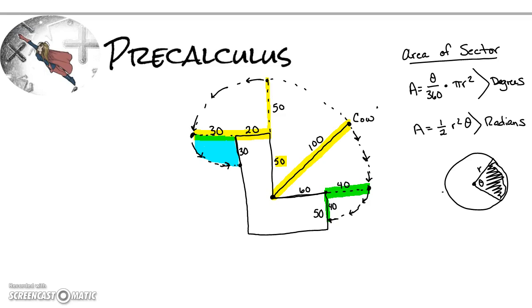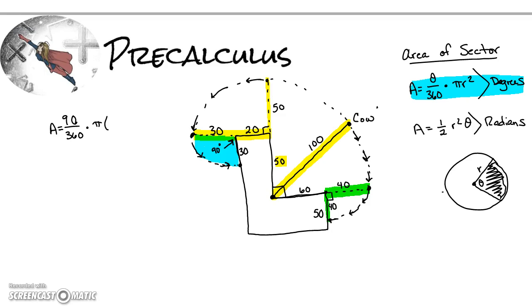And so if we use the area of a sector formula, I'm going to use this formula here because I could think of this angle right here as 90 degrees. And every single angle around this picture is all 90. So every time we calculate the area of each of these circles, it's going to be 90 out of 360 times pi and whatever the radius is.